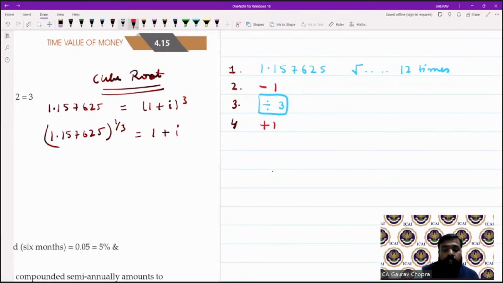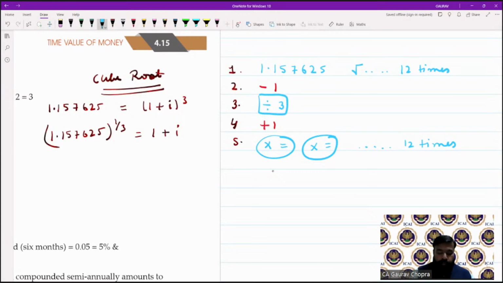Now the last step is to press multiply and equal to; this is one time, multiply equal to again, second time. So this process you have to do 12 times. Press multiply and equal to 12 times.